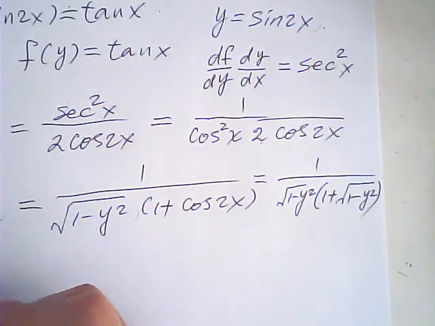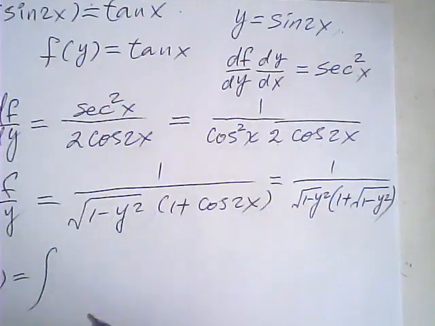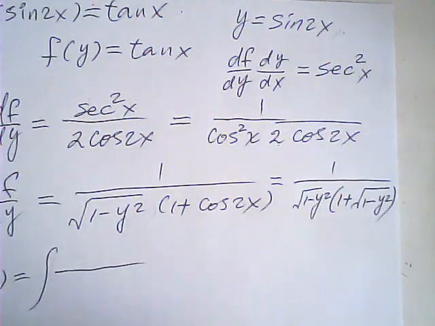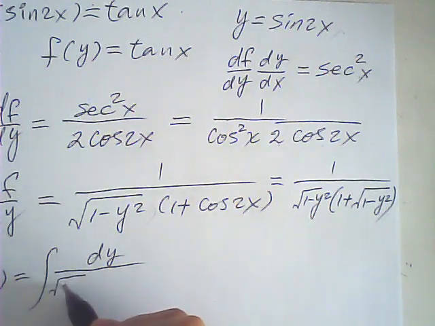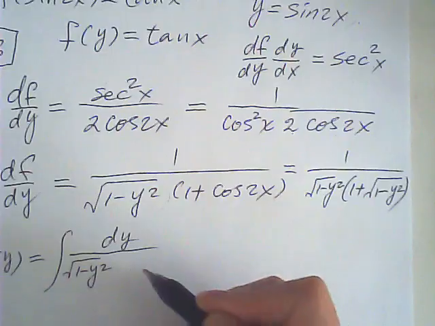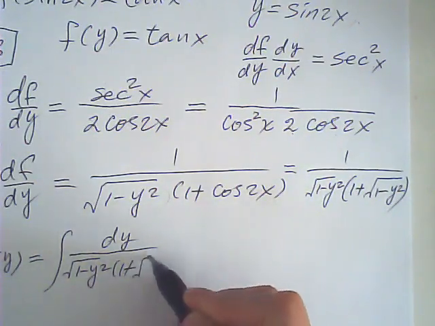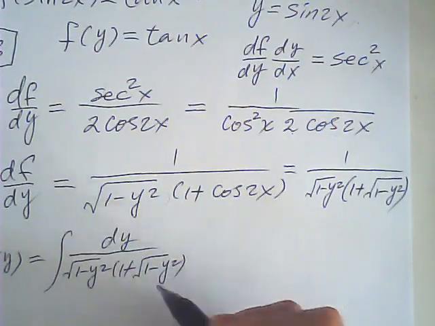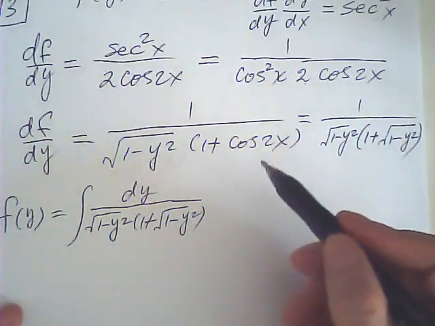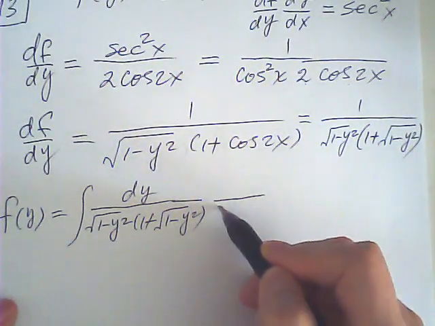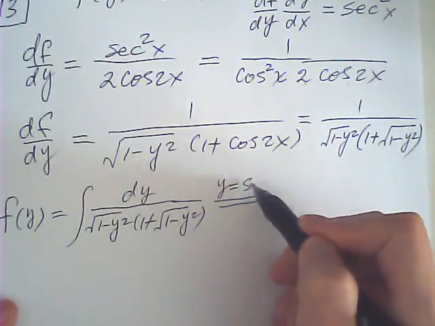Then my f of y could be found by integrating dy over 1 plus square root of 1 minus y square, right? That integral is not difficult to do by letting y equal to sine theta.